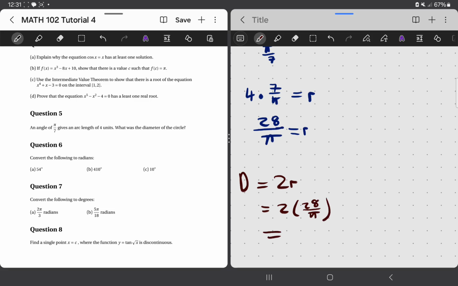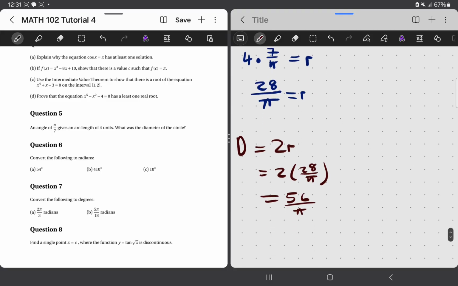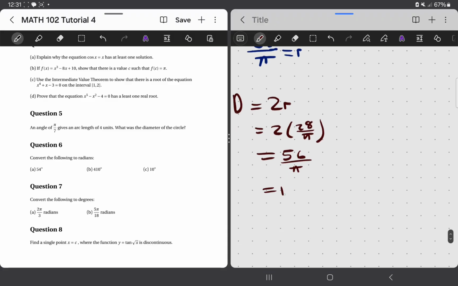And this becomes 28 by 2, which is 56, so we get 56 over pi. If we say 56 over pi, what do we get? We get 17.8. So this is the final answer, 17.8 units. Whatever these units are, they didn't tell us, so don't try to make it meters or centimeters or whatever. 17.8 units will be your diameter, okay?